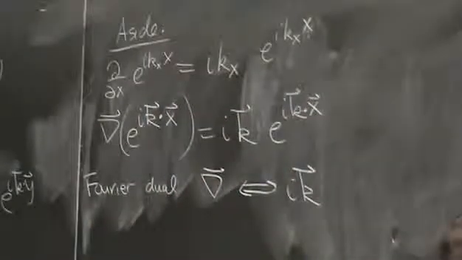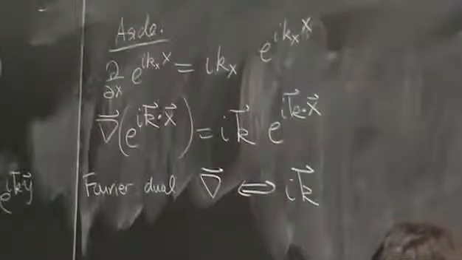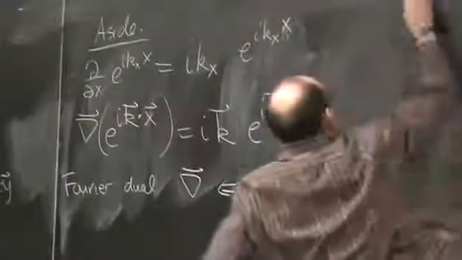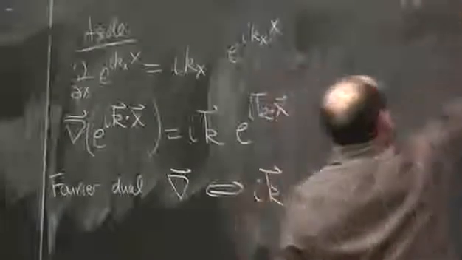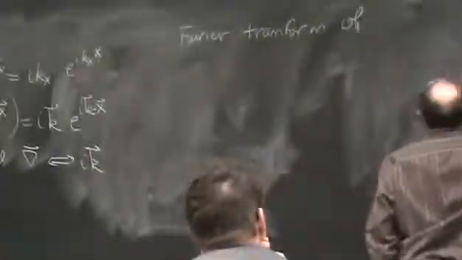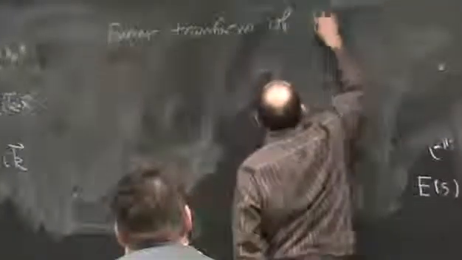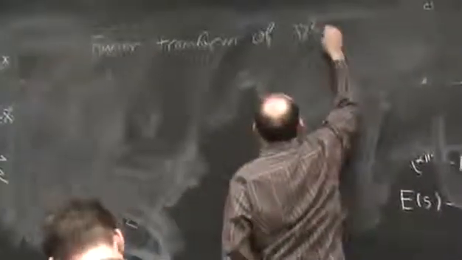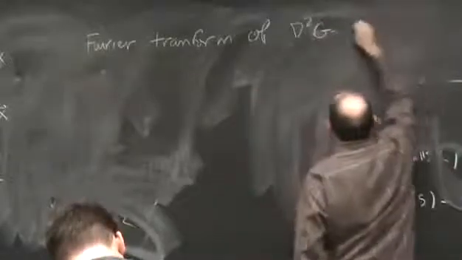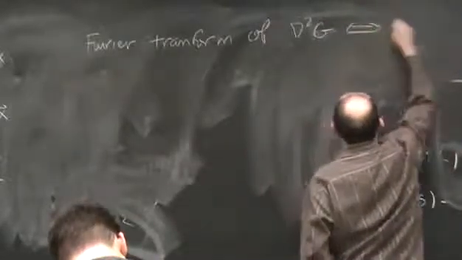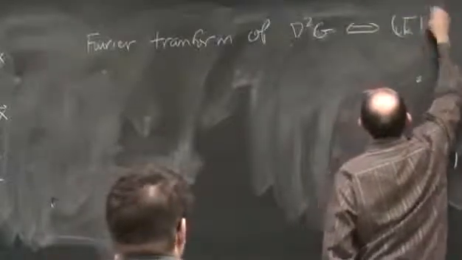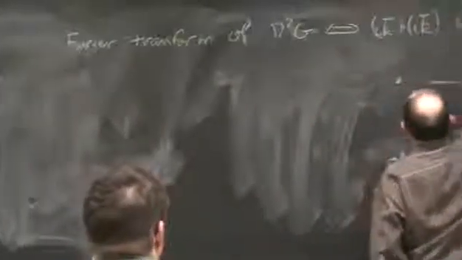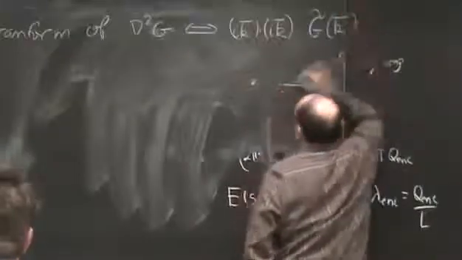So the Fourier transform of del squared G goes to i k dotted into i k, G tilde of k.